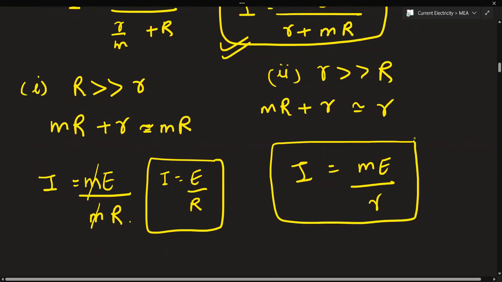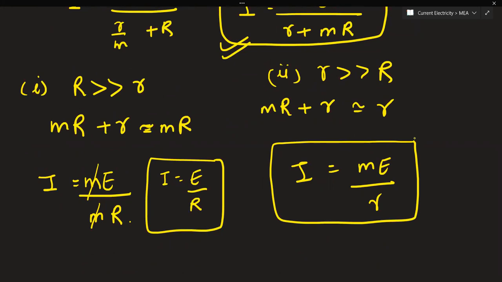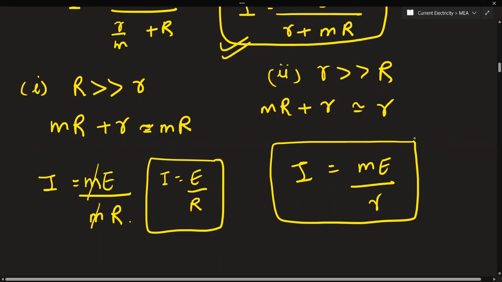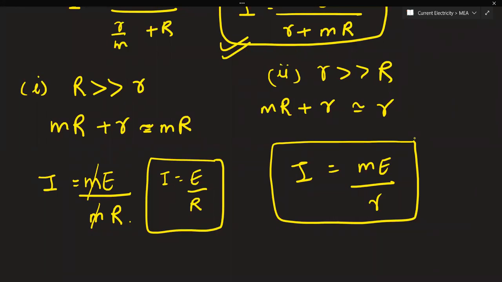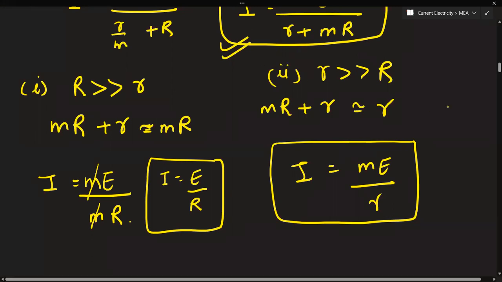Now, one more important point that is left to discuss is when to prefer parallel combination and when to prefer series combination. Because we'll do a question also, I'll give you this part only. You prefer parallel combination when your internal resistance is large as compared to your external resistor, because you're getting a higher value of current.